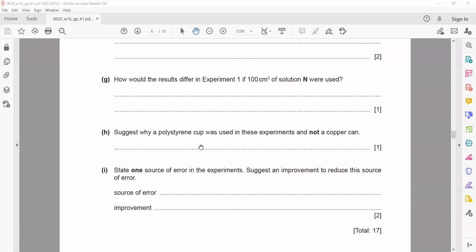Suggest why a polystyrene cup was used in these experiments, not a copper cup. What could be a reason polystyrene is used? So polystyrene is an insulator and copper is a conductor. So copper will transfer. We don't want the heat to transfer.